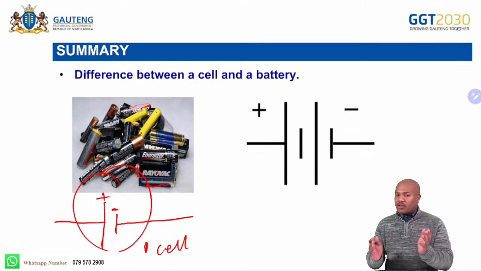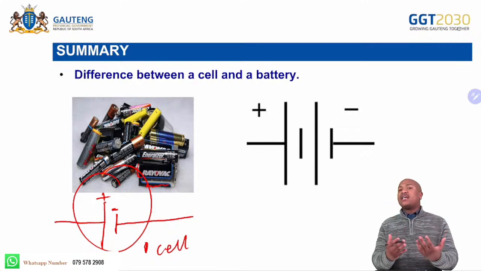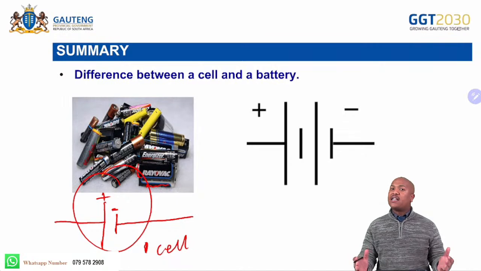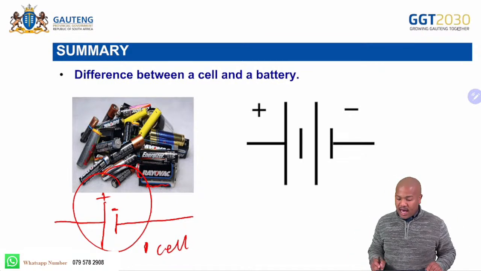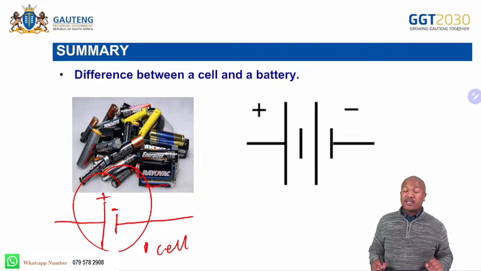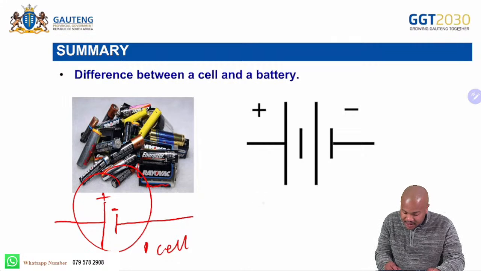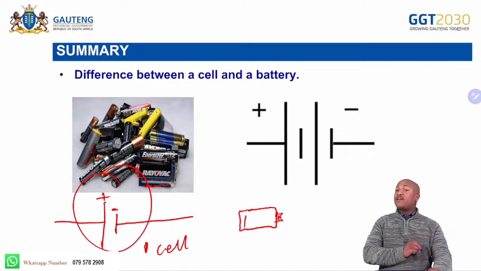Now, what more about a battery? We said that it is two or more cells connected together to supply electrical energy. And here we have a battery in the form of symbols. So it is something like this. We have one cell here having the positive terminal and the negative terminal.